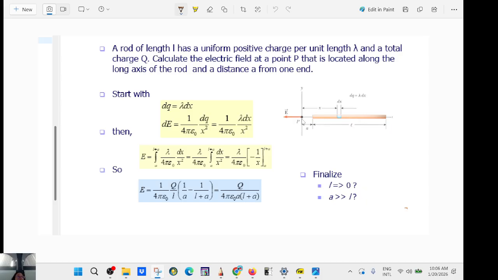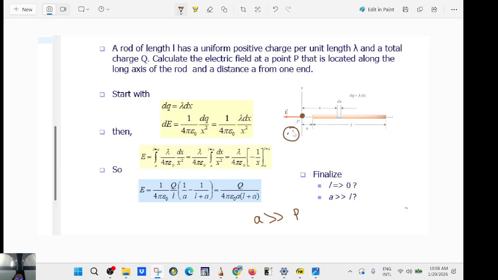Any questions? So what's interesting here, what's going to happen when A is very big relative to L? Can you find the limit? The distance here is very far away, and I'm located here.